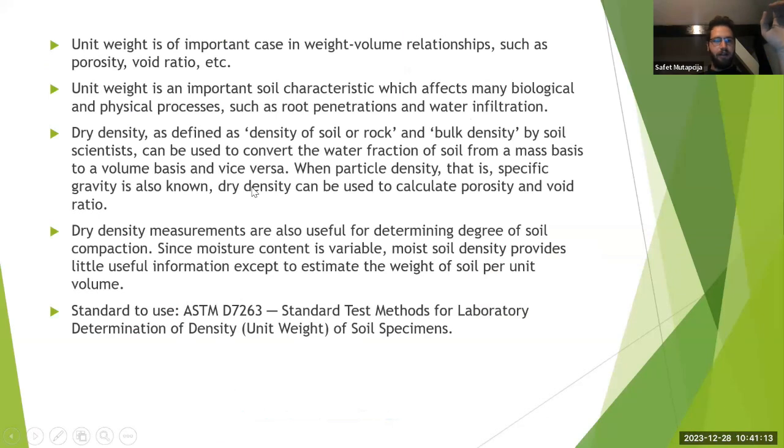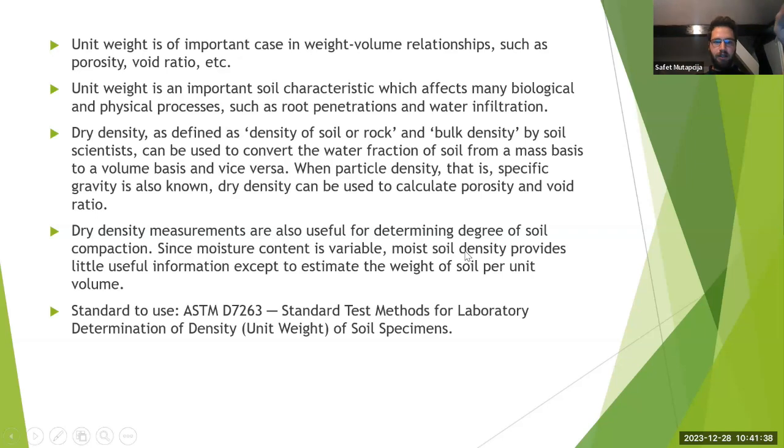Let's get back. Unit weight is important in the weight-volume relationships, such as porosity, void ratio, etc. Unit weight is an important soil characteristic which affects many biological and physical processes, such as root presence and water infiltration. For everyone that is from the agriculture world, that one is important for you.